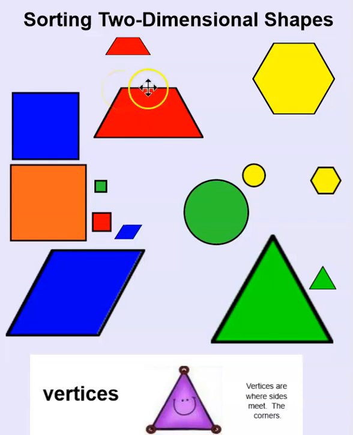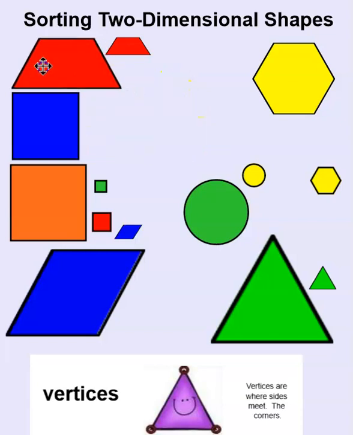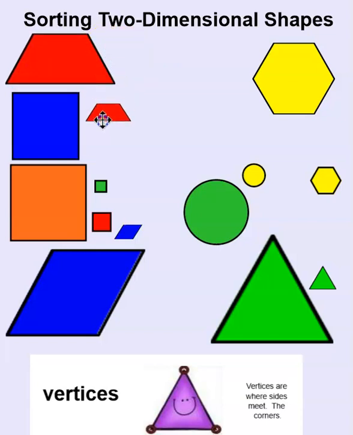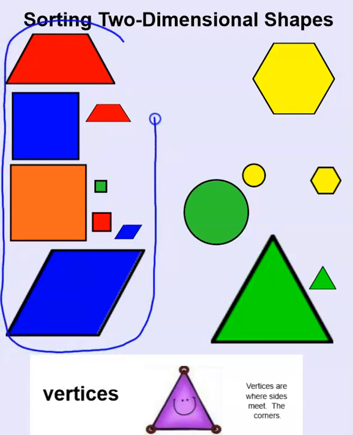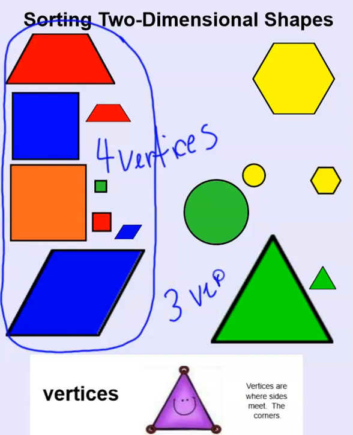Let's count. 1, 2, 3, 4. That is correct. It has 4. So all of these grouped together have 4 vertices. So I could group these together. These all have 4 vertices. These have 3 vertices.